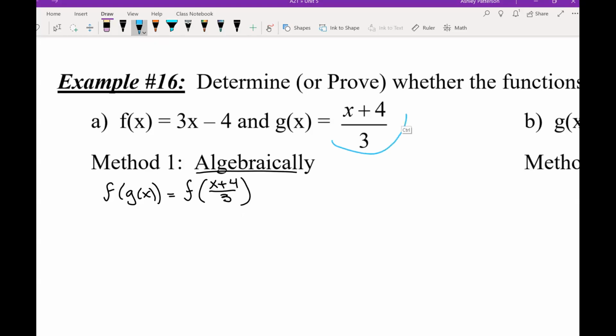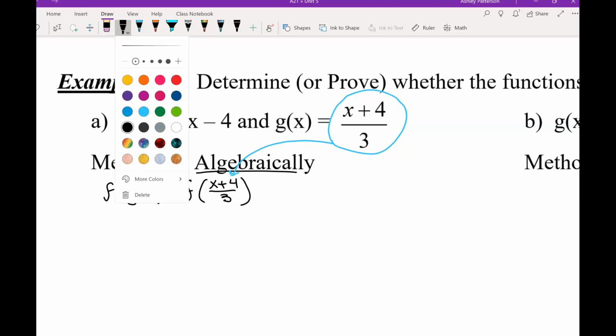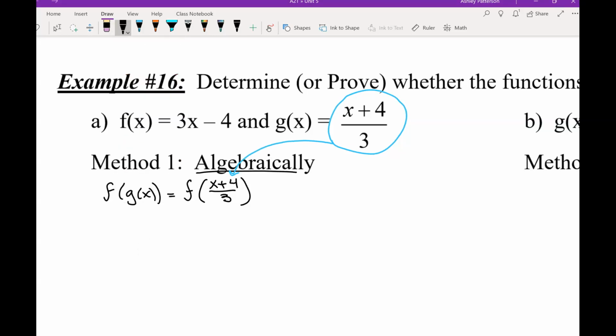Just taking this and substituting it in. Okay, well, f of x is 3x minus 4. So there's only one x value I need to substitute in for. We have 3 times x plus 4 over 3 minus 4. And then we're going to simplify and see if it composes to x.